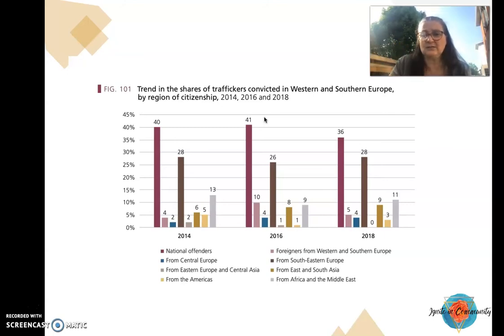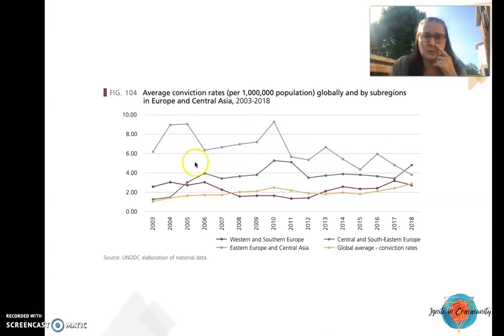So, you know, in 2018, we have 64% coming from different parts of the world. And again, it's that extra level of complexity, and I think that's why the numbers are so low.